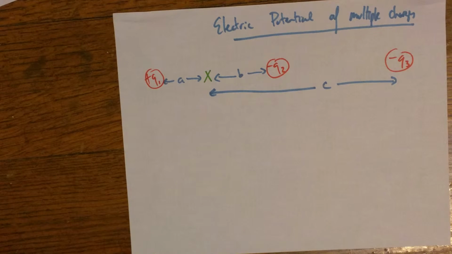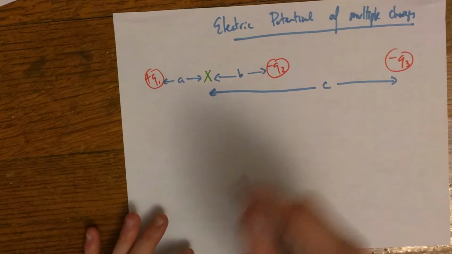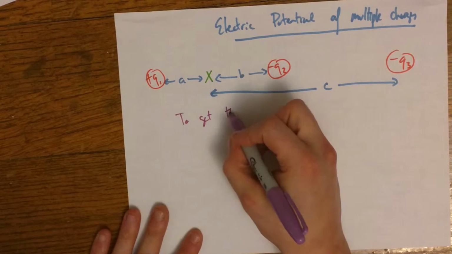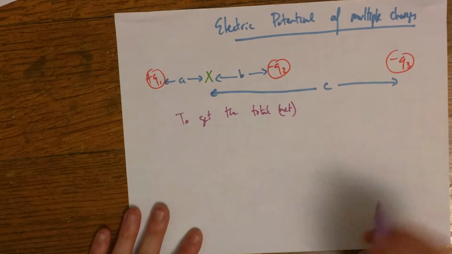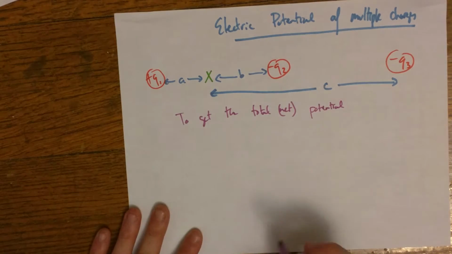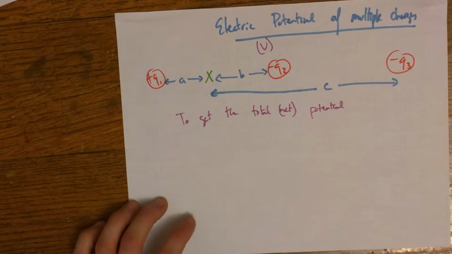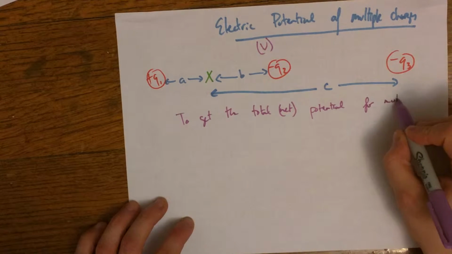So to figure out the voltage at any given point in space, we have to look at the voltage from each individual particle. So to get the total or the net potential, remember this is not potential energy, but this is electric potential, or the voltage, V, for multiple charges.